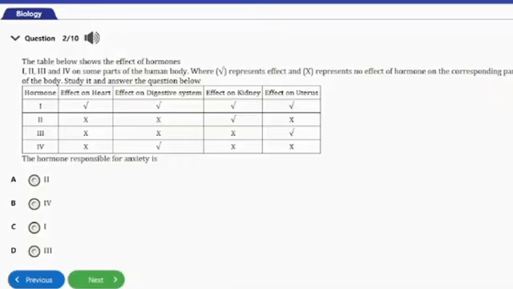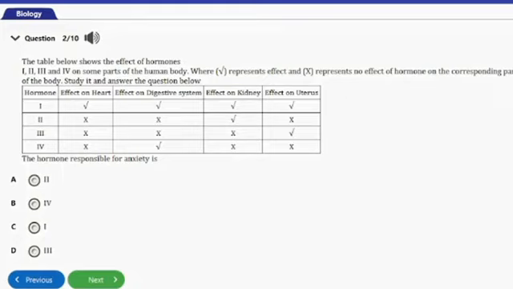So let's consider the next question. Question number 2 here. It says, the table below shows the effects of hormones I, II, III, and IV on some parts of the human body, where the symbol tick represents effects and the symbol X represents no effects of the hormone on the corresponding parts of the body. So study it and answer the question below.